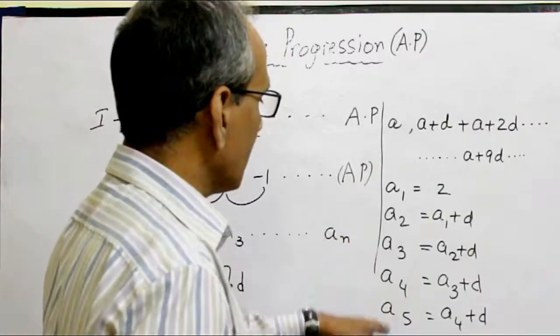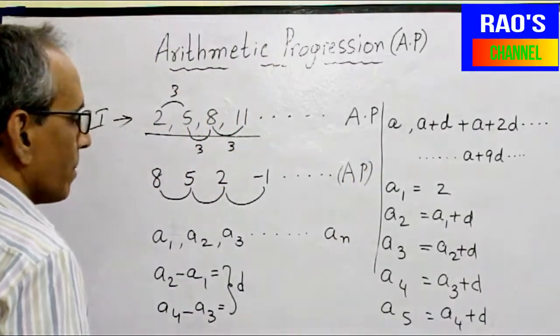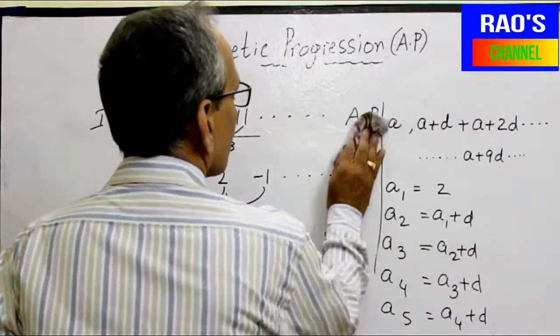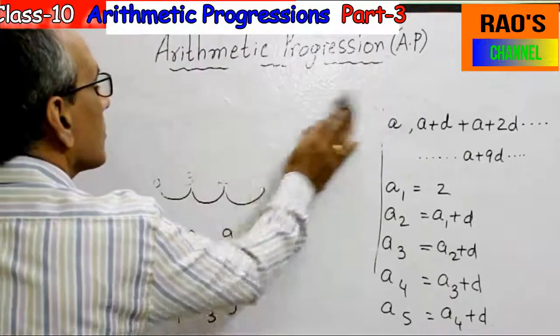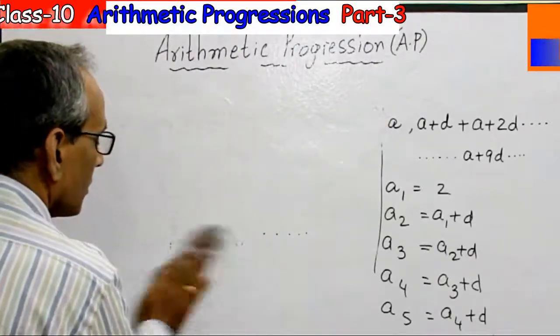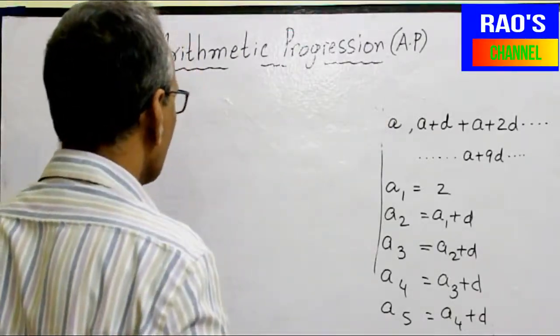So in terms of this, if I write the series of any AP, the general rule is, here I write AP.